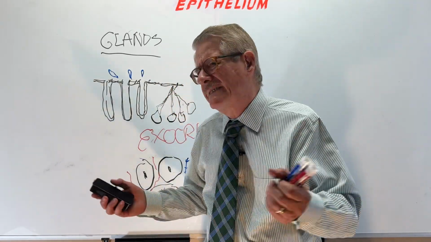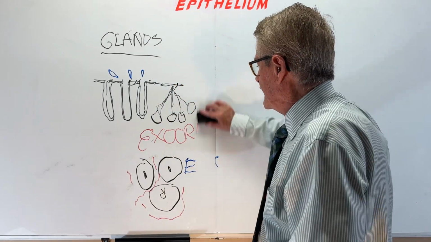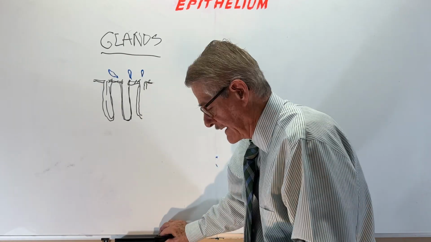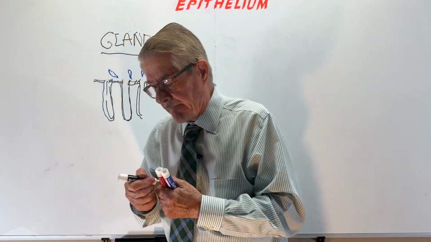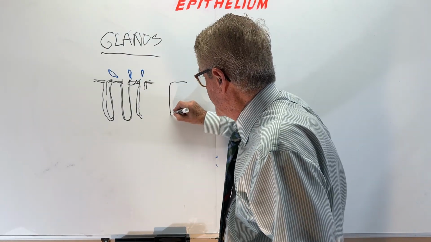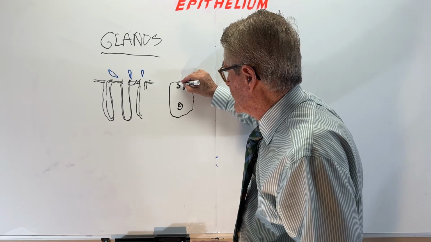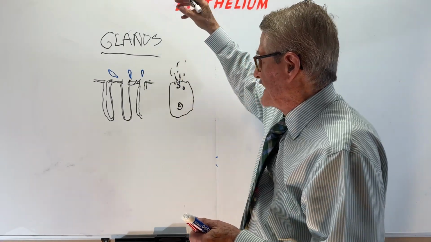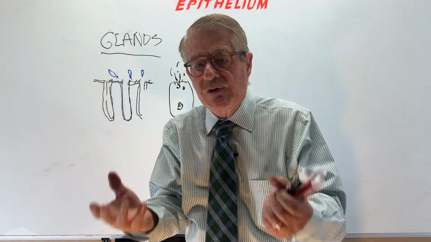There's another difference between the type of secretion that we can have. Let's make it like that. Some glands just produce the secretion from the Golgi apparatus, and these vacuoles just liberate their contents outside.